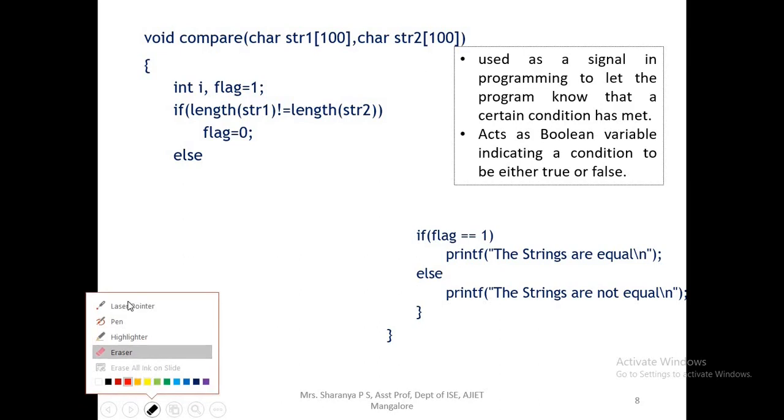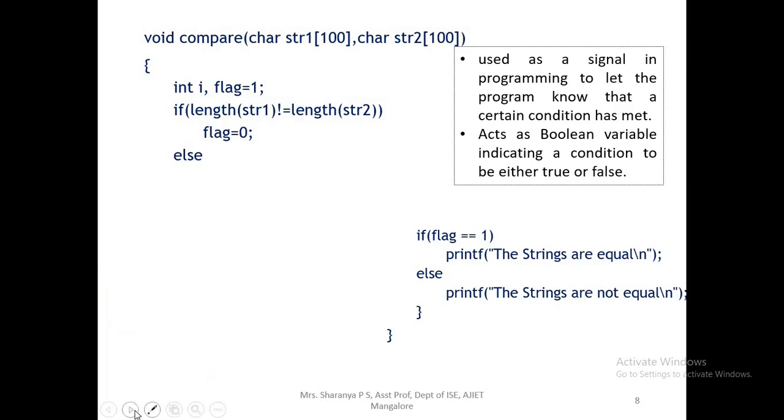That is, we'll proceed with the code which is used for checking with the character, that is written in the else part. Here, first with the I value starting with 0, I have to proceed with each character present in string 1 till it reaches the null.